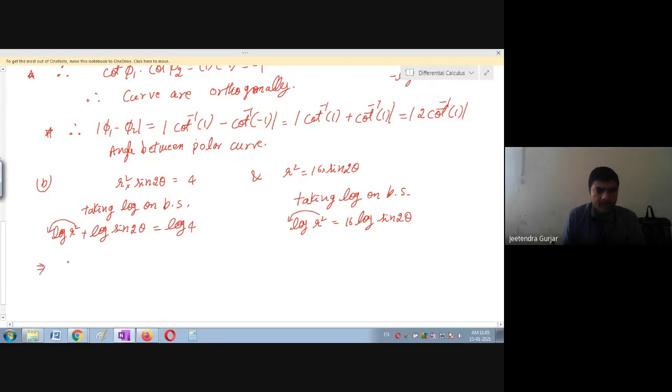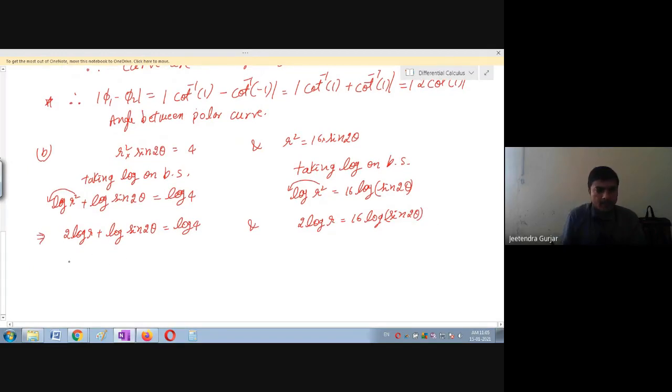So this can be written as 2 log R plus log sine 2 theta is equal to log 4, and 2 log R is equal to 16 log sine 2 theta. Is it clear, students?